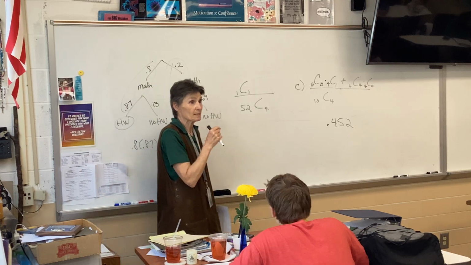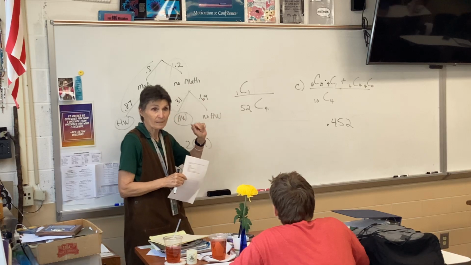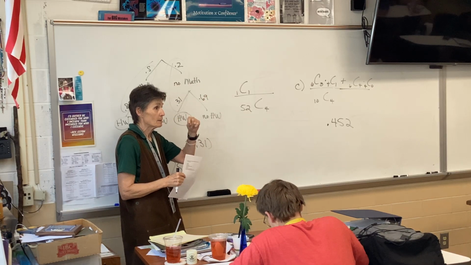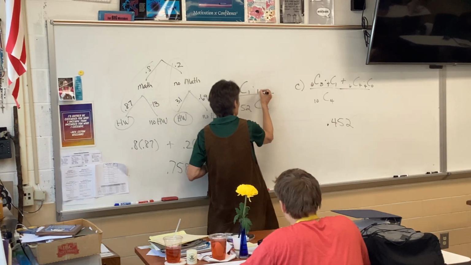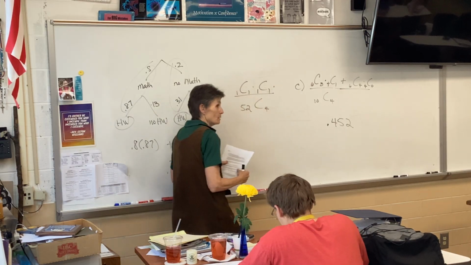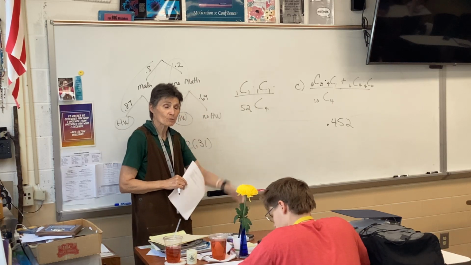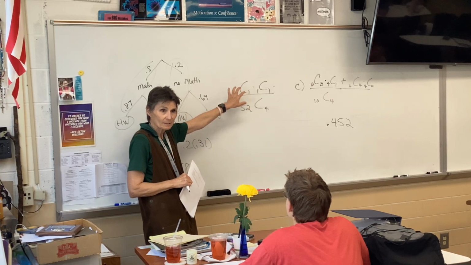If I wanted a king, that would be 4C1, right? Because there's 4 kings. There's only 1 king of spades. I'm getting it. What about queen of spades? There's only 1, and I'm getting her too. Here comes the tricky part, the forgotten part. How many cards are in my hand? 4. How many do I have? 2.